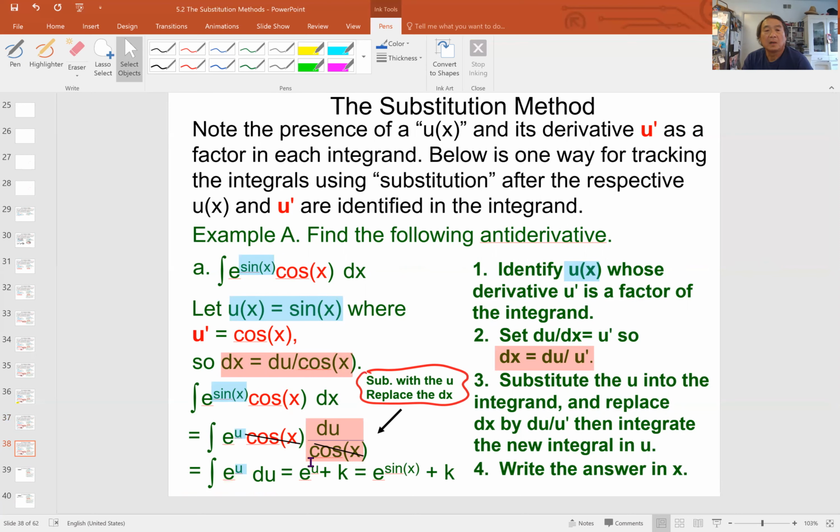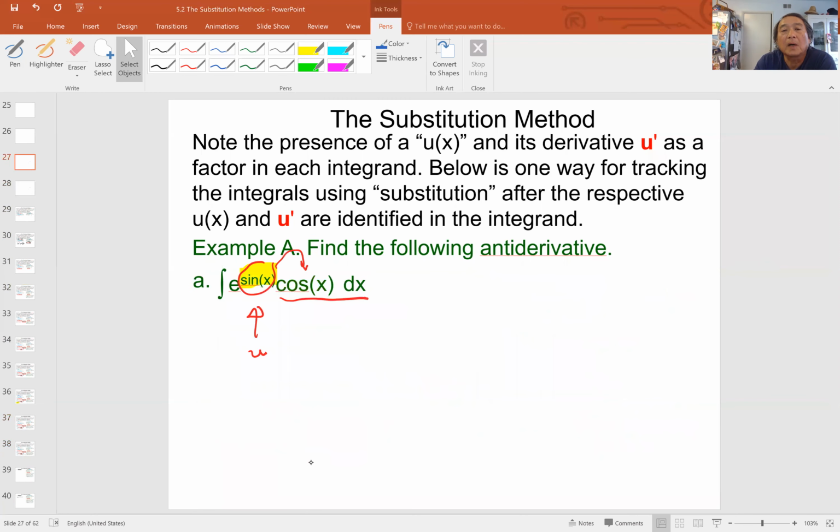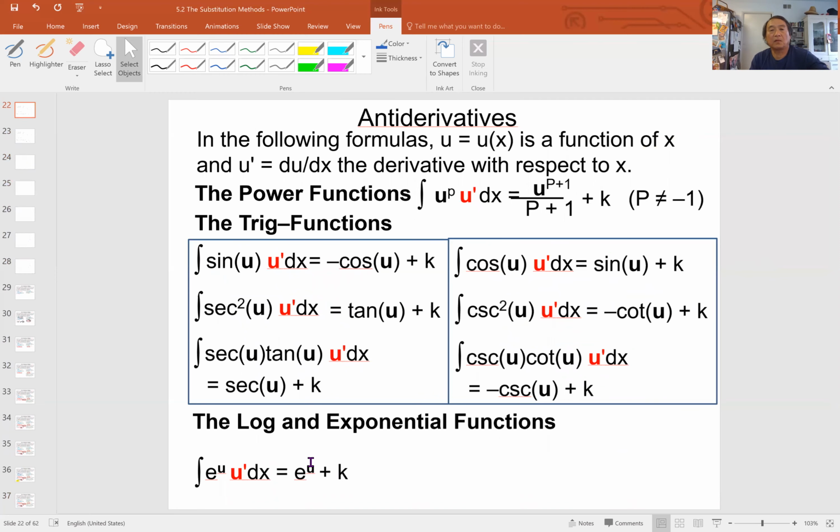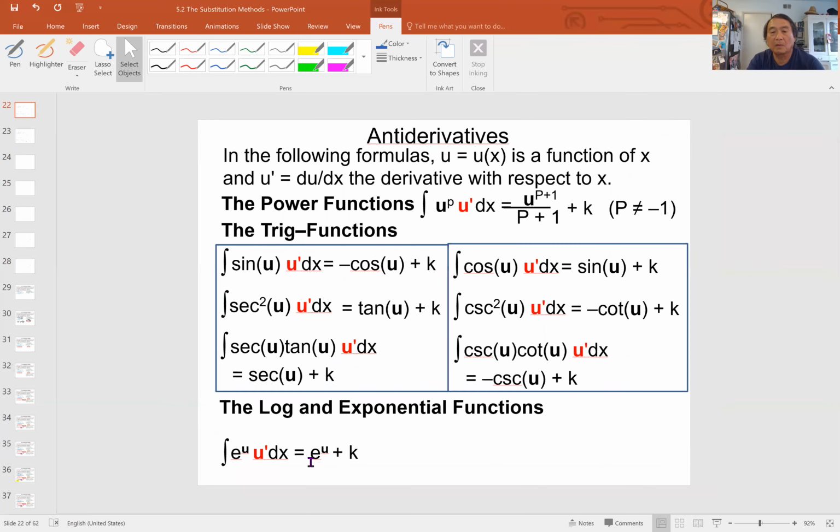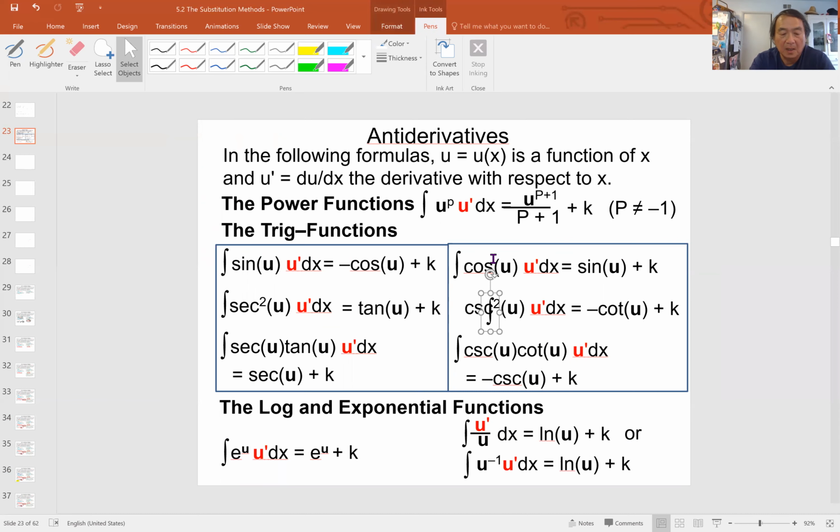Okay, so again, the substitution method basically requires that we look at these formulas. We are given a problem, we try to match the problem to one of these formulas. Which one? Usually, if you have cosine or cosecant squared or cosecant cotangent, the formula can be easily recognized, which formula should be used.